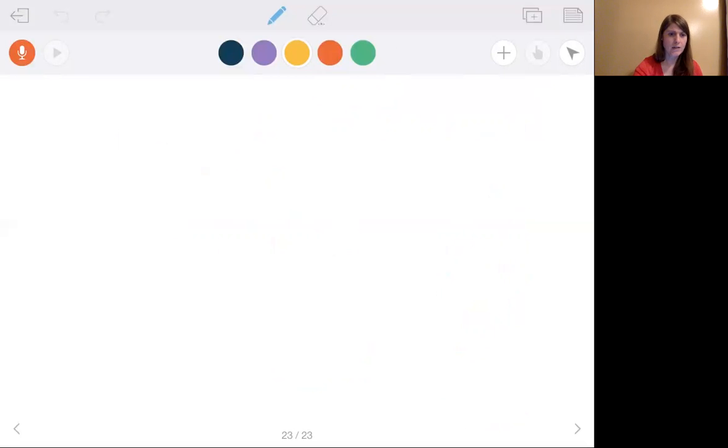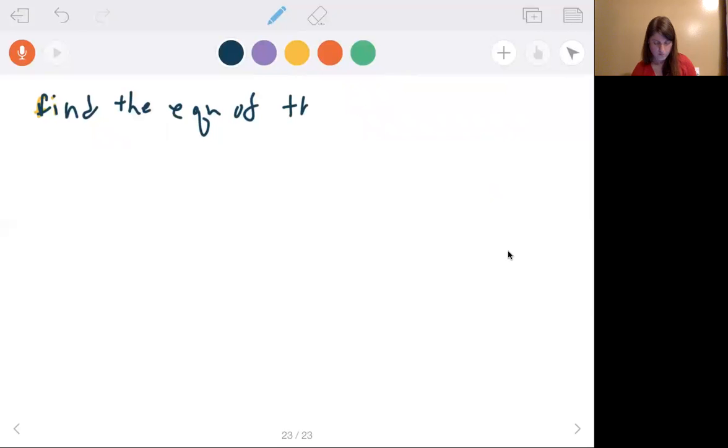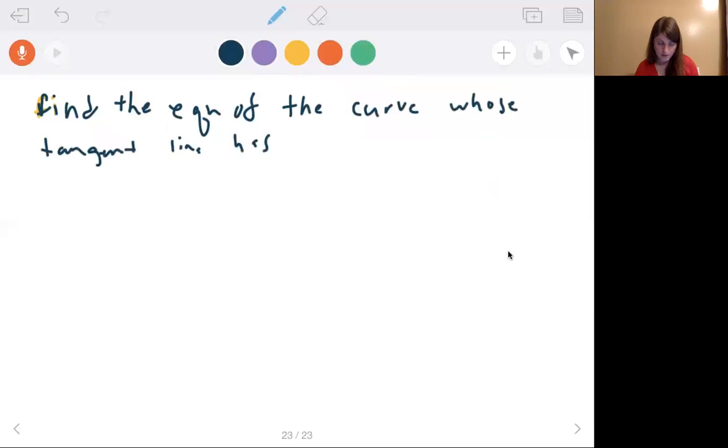So let's take a look at some wording that we're going to see to give us this sort of scenario. I picked this wording from your book because it's a little bit different than I might have phrased it. We don't want to get tripped up with what's existing. So for this one, it says, find the equation of the curve whose tangent line has a slope of f prime equals, and here's where they're going to change.